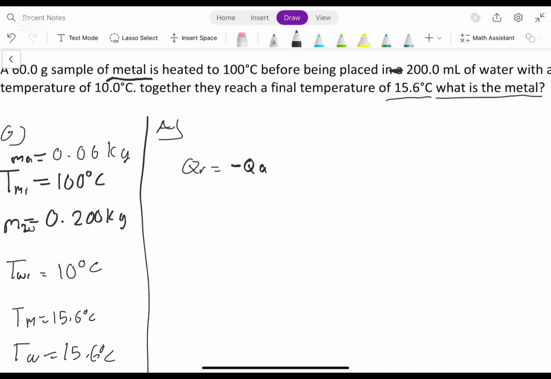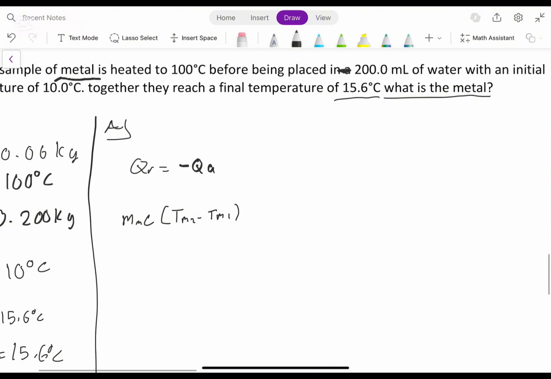So we know it's going to be MCT, well, technically we should put MC and put TM2 minus TM1, and this is equal to negative MWCW.